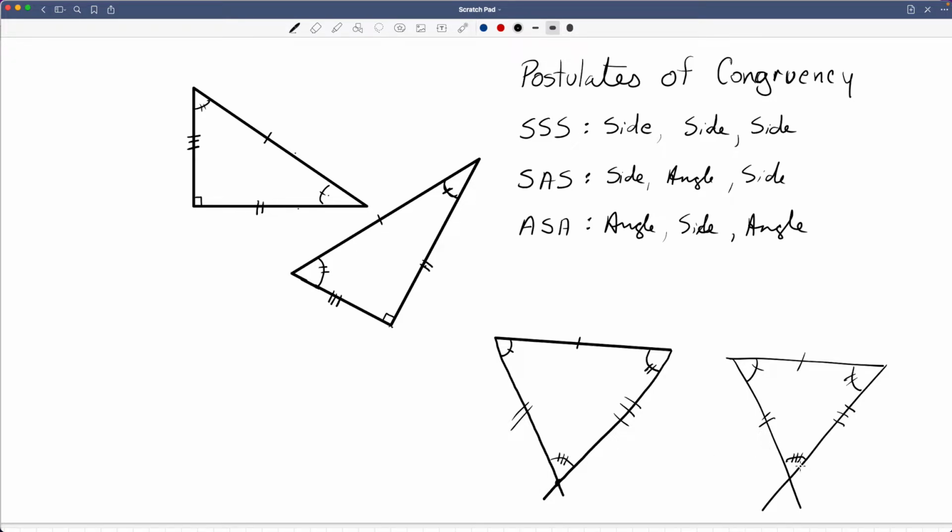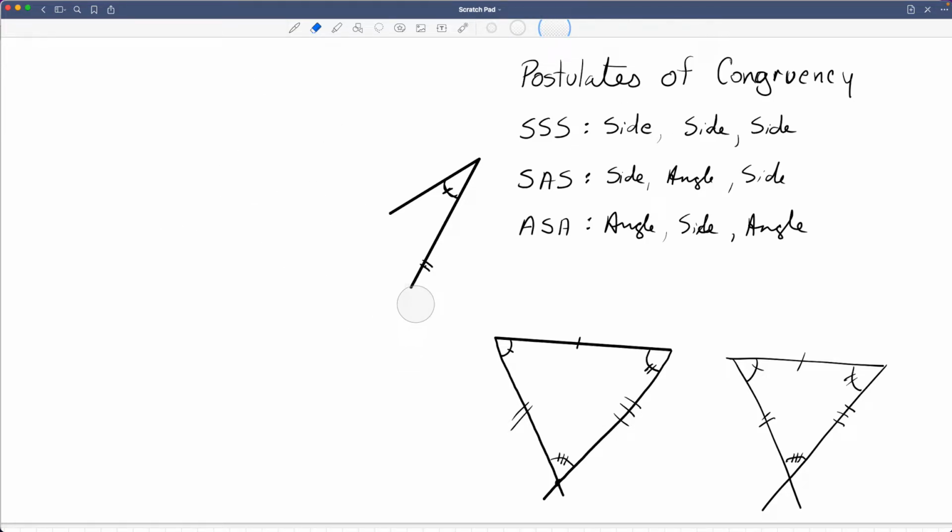So that tells you another way that you can look at triangles based on the information that you're given about them and say, yes, it is congruent because of the angle, side, angle postulate. And that's all you have to do. That's all you have to say is, yes, these are congruent. Reason, ASA. So those are some things that you are going to want to write down and memorize.